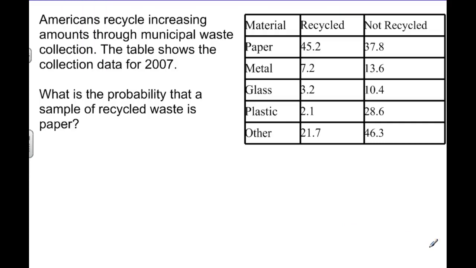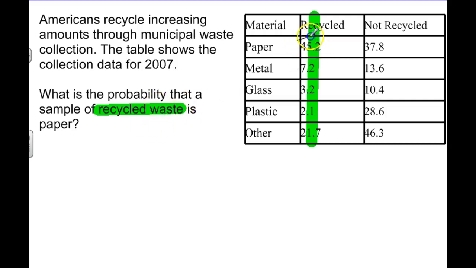Let's try another one. Some more information here. What is the probability that a sample of recycled waste is paper? It says it in a different way, but the given information is that we are talking about a sample of recycled waste. So I'm only looking at this information here.